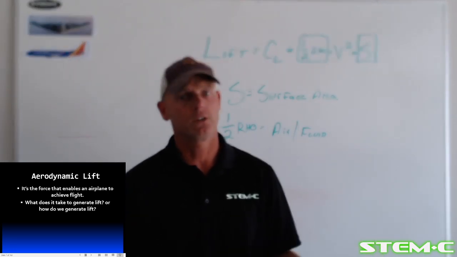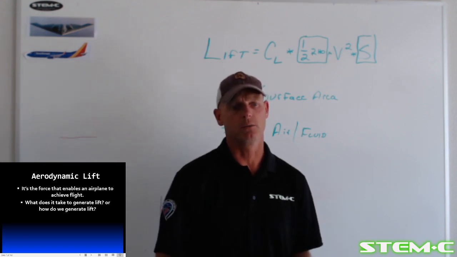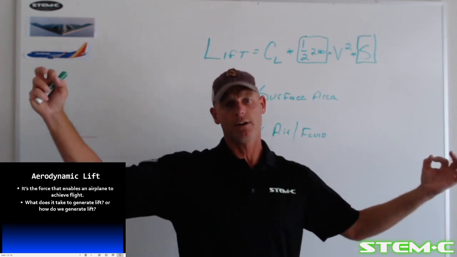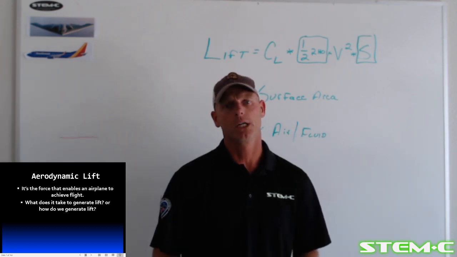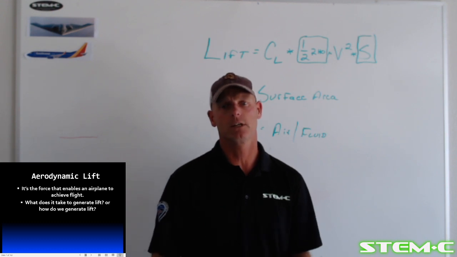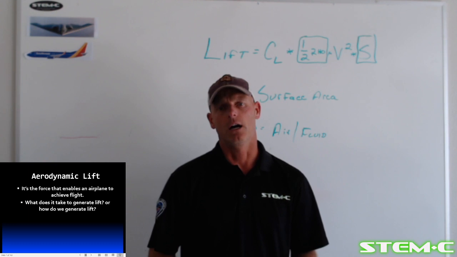In space, there is no air. It's a vacuum. There are no air molecules. Well, there are, but they're just very, very far spread apart. A wing does not produce any lift in space. In space, you're in a constant state of free fall.